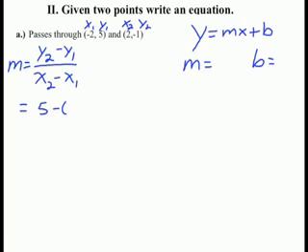So we have -1 minus 5 over 2 minus -2. Negative 1 minus 5 is negative 6.